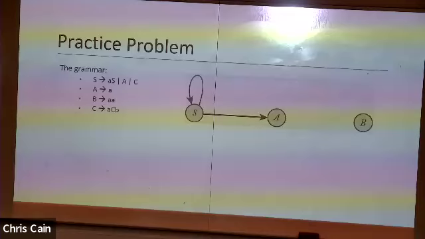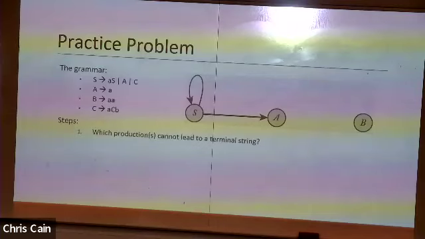All right, practice problem. Steps we can go through. Which productions cannot lead to a terminal string? C. We see that C is defined recursively in terms of itself, with no possible way to terminate with all terminals.